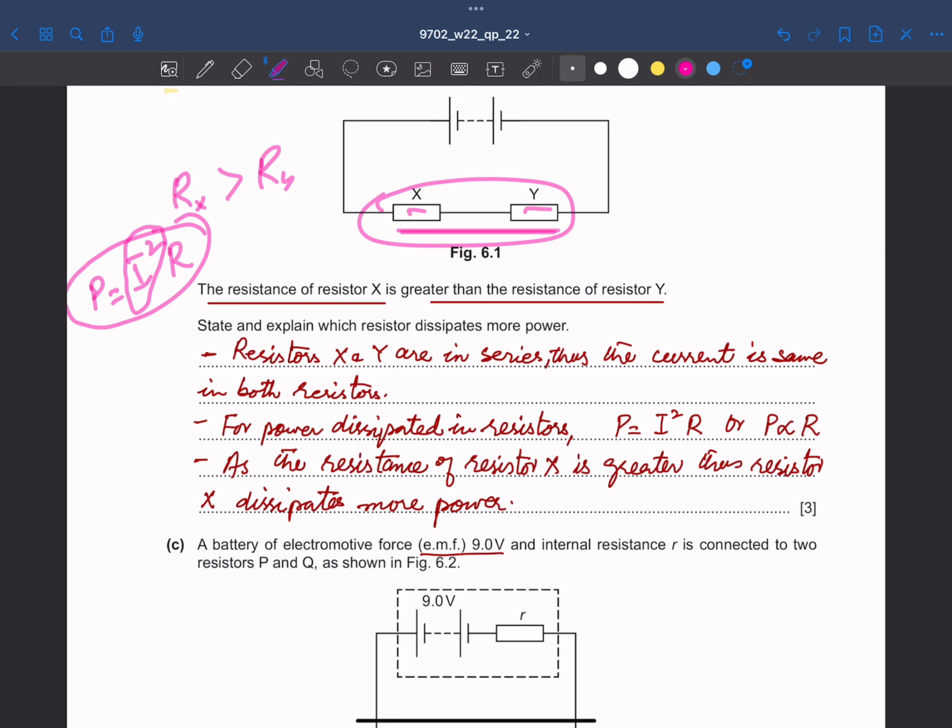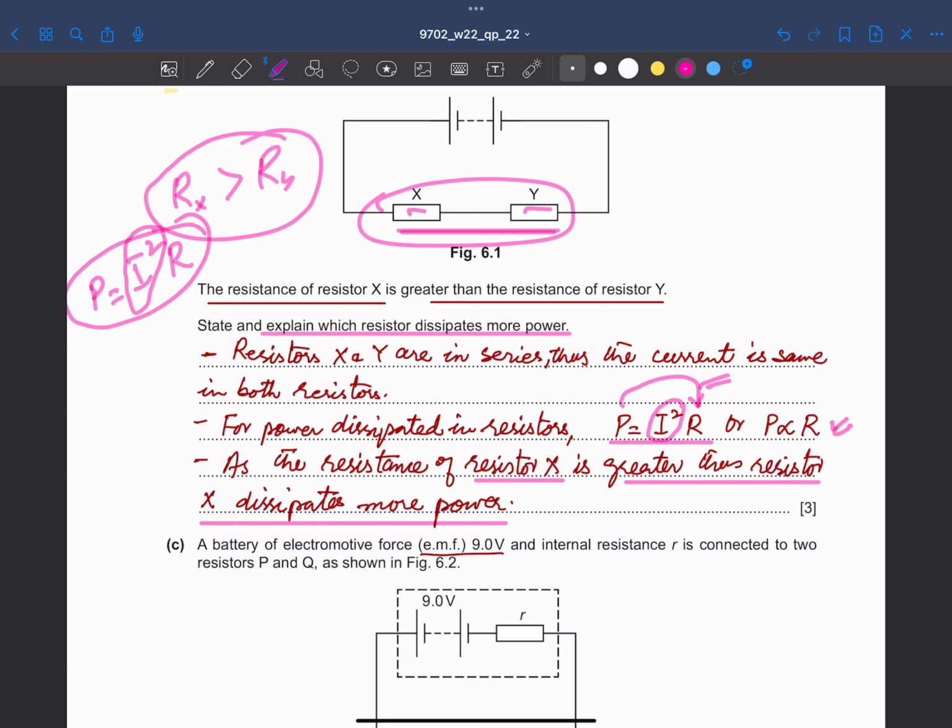For power dissipated in resistors, you know that P is equal to I square R, or simply, when the current is constant, P is directly proportional to R. And as the resistance of resistor X is greater than that of resistor Y, resistor X dissipates more power. So when you have these relations, it is very simple to state which resistor will dissipate more power.